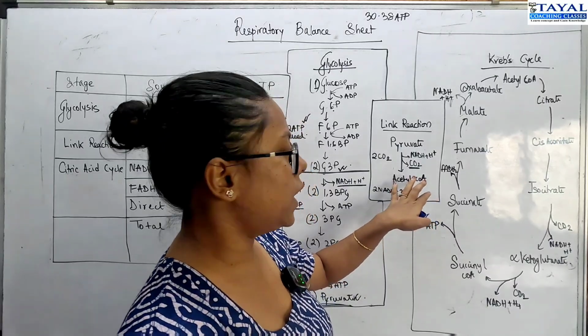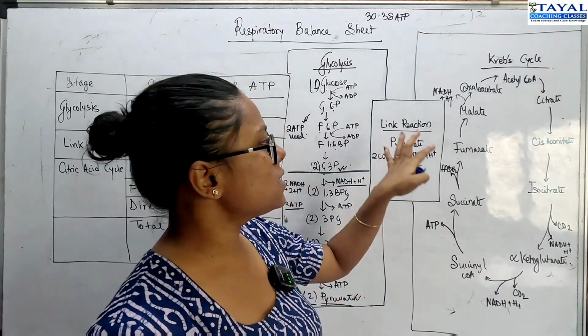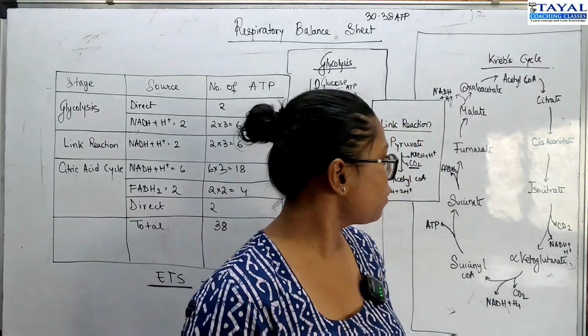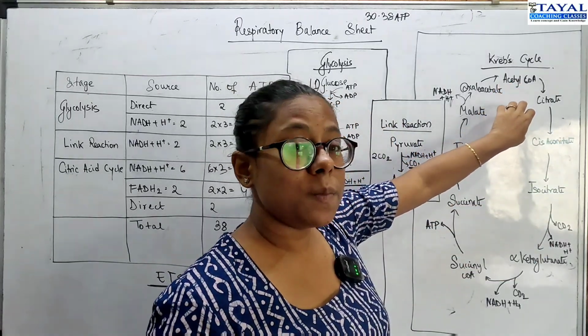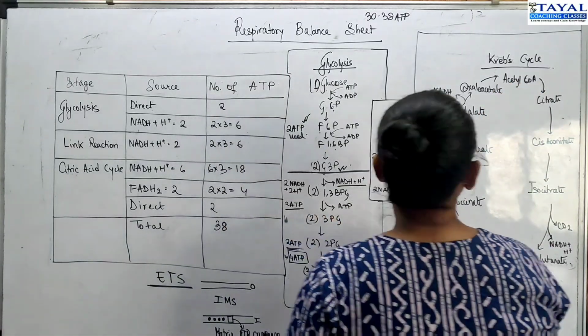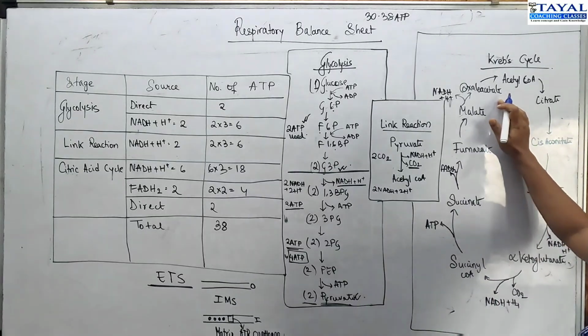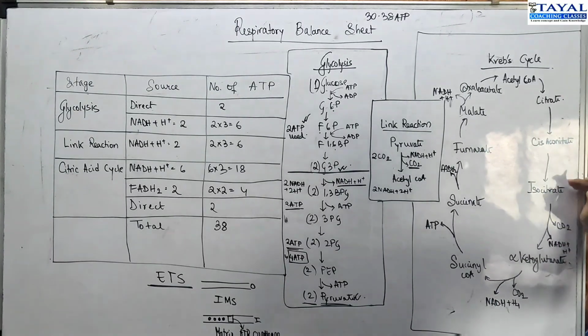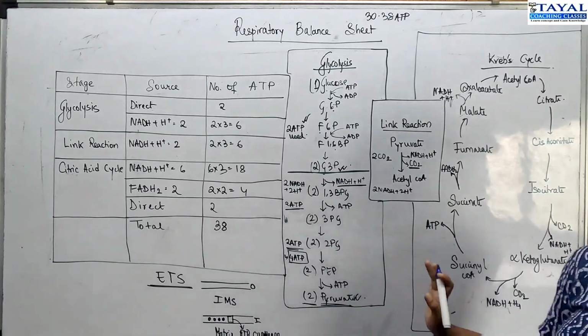This acetyl-CoA will then start a reaction which is known as the Krebs cycle inside the mitochondria. In Krebs cycle, acetyl-CoA actually reacts with oxaloacetate and gives you a citrate or citric acid, which undergoes a cyclic step of reaction.